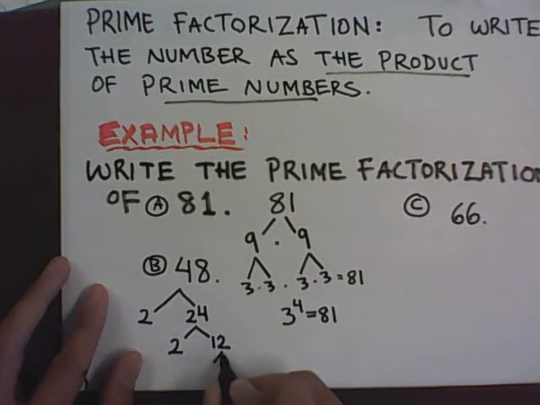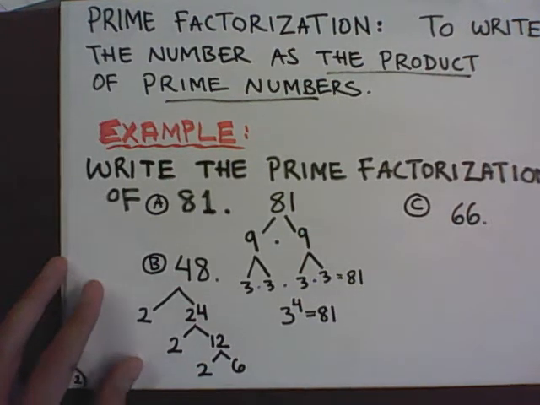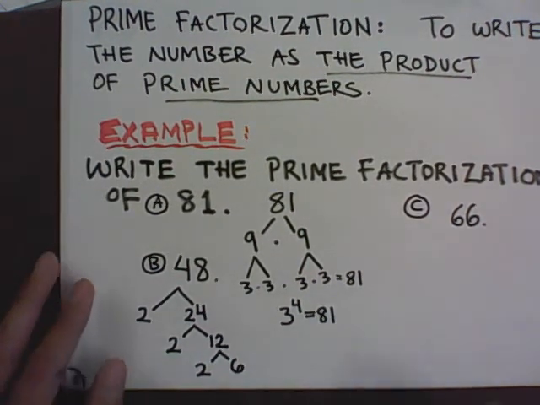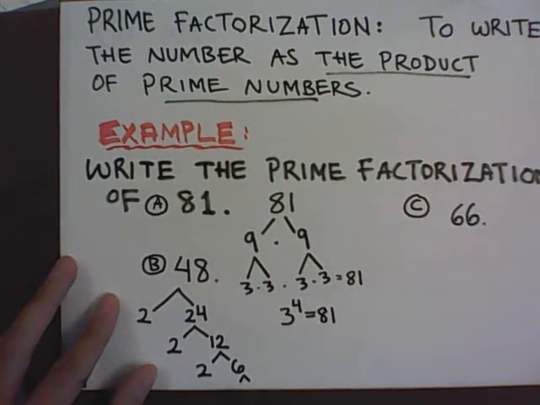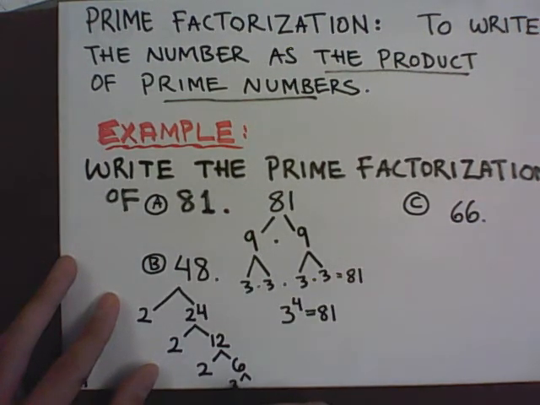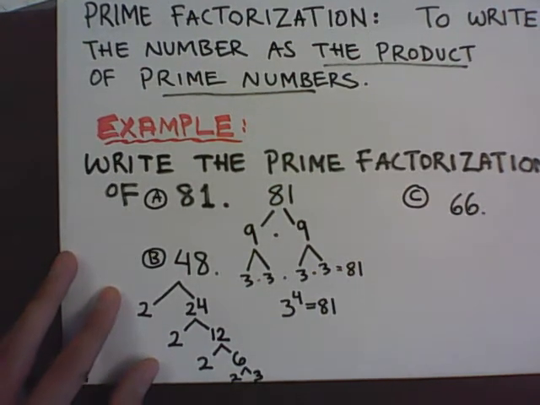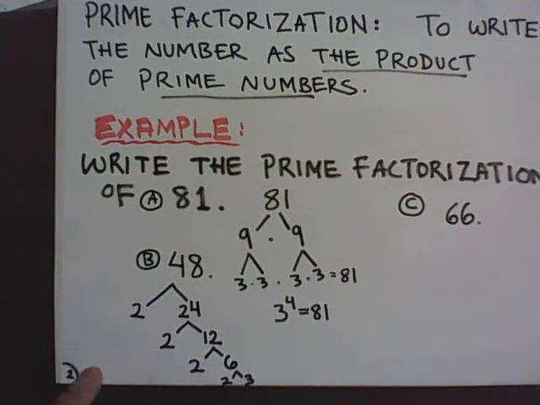Let's branch off the composite. And 2 goes into 12 as well, and it's 6. Okay? Now, 6 is, I'm running out of space here, but you know it's 2 and 3. Alright, 2 and 3.